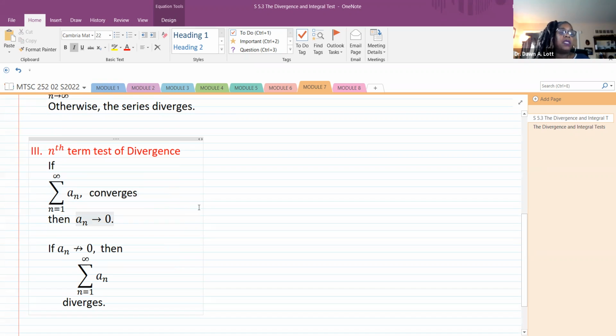Okay, so if the summation of AN converges, the nth term has to go to 0. So this is the test. If the nth term does not go to 0, then the series must diverge. I repeat, if the nth term does not go to 0, then the series must diverge. All right, so that is the test.